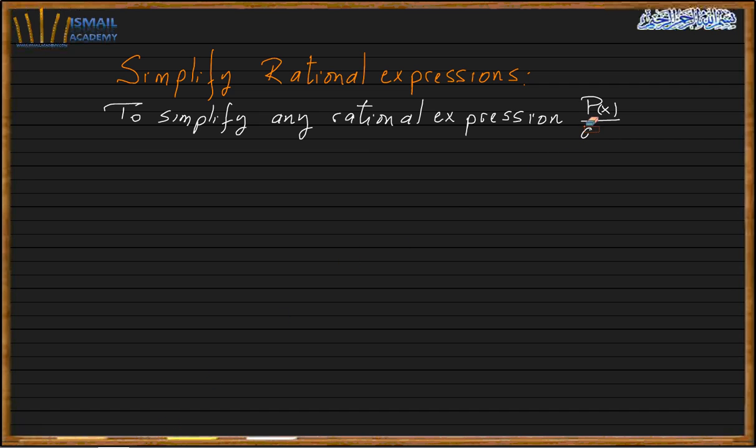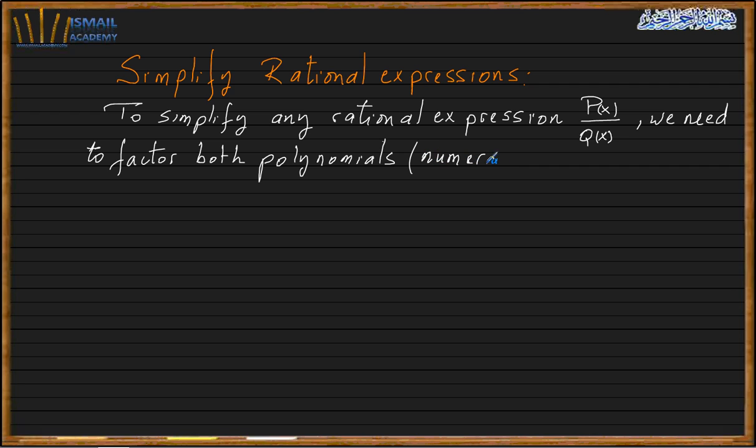To simplify any rational expression, p(x) over q(x), we need to factor both polynomials, the numerator and the denominator.